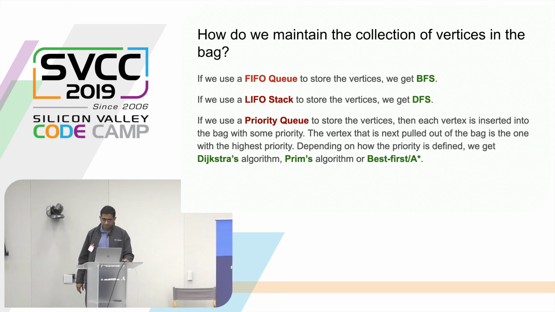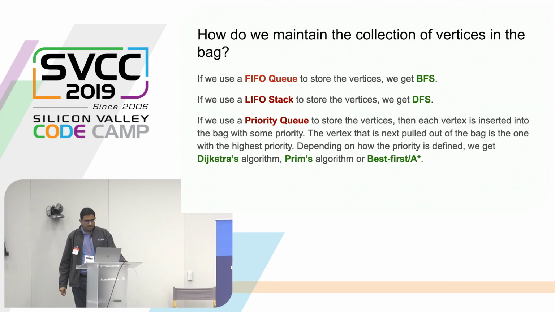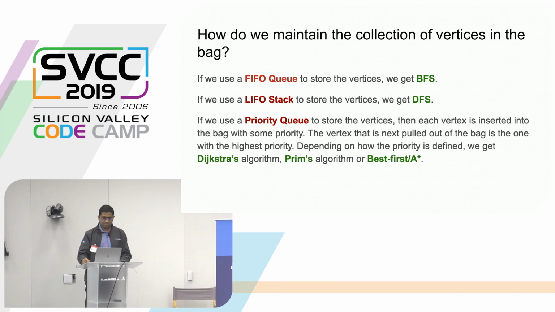So coming now to your question, all the standard graph traversal algorithms are just variations of this general graph traversal technique. If we decide to use a first in, first out queue to store the vertices, the specific graph traversal algorithm we end up with is breadth first search, where there is a well-defined policy that the next vertex that is going to be pulled out of the bag is the vertex that was added first to the bag.